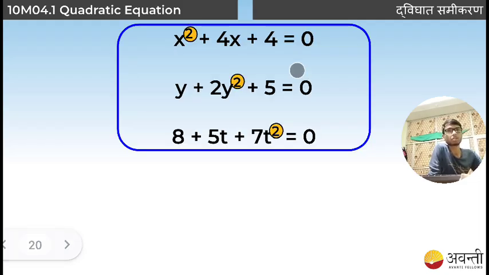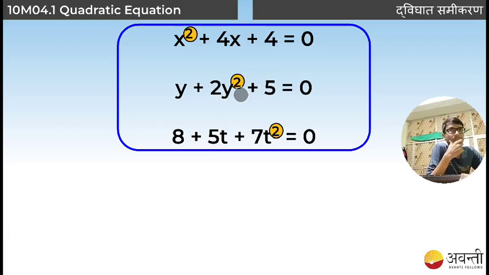In this algebraic equation, you can see the highest exponent is 2, here 2, here 2, also here 2. And you can see the exponents are whole numbers. So that's why all these will be quadratic equations. This one is not already arranged.